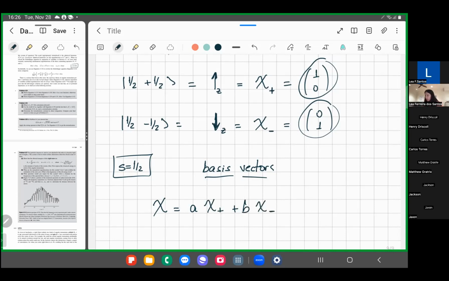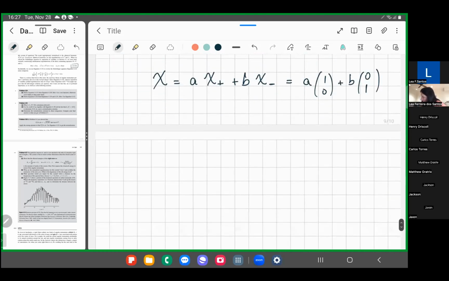It can be written as A times the vector (1, 0), the spin up, and B times the vector (0, 1), the spin down. So a general state for this spin half is the vector (A, B).